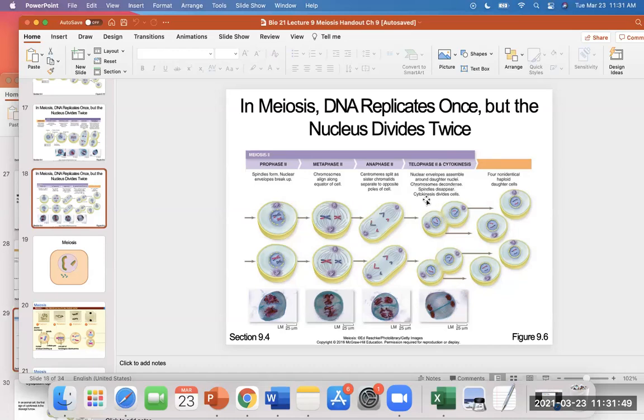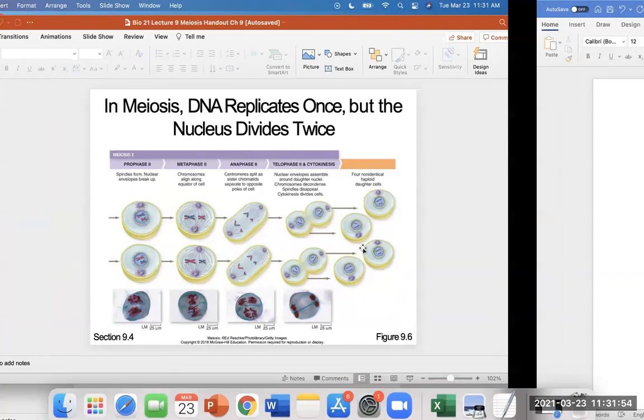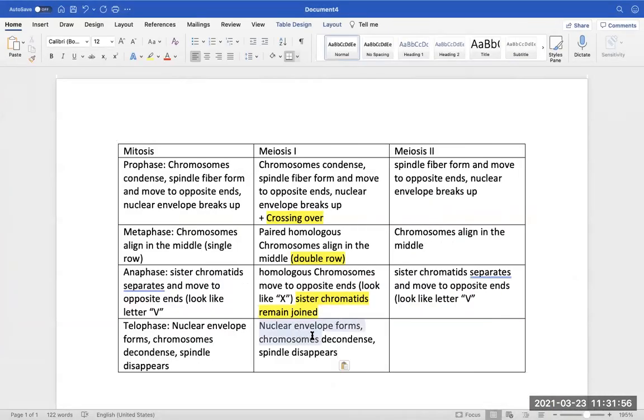Chromosomes still decondense, the spindle still disappears, but the only difference is that it's happening around daughter nuclei because, again, meiosis 2 gives you haploid cells. So I'm going to say around daughter nuclei. So that's, again, different.